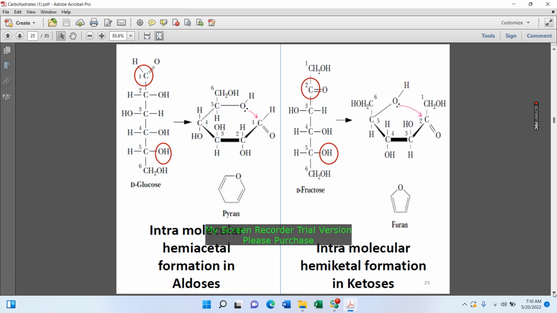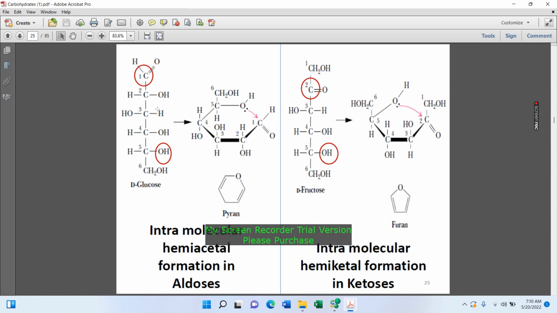We call it intramolecular hemiacetal formation in aldehydes. So let's go and check it out.